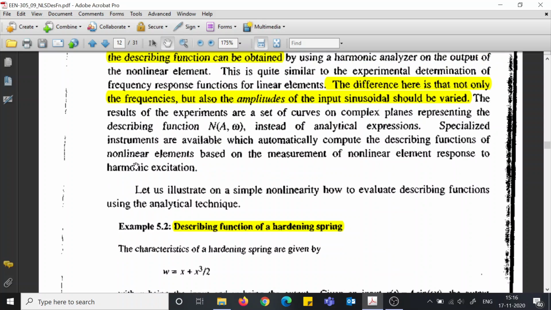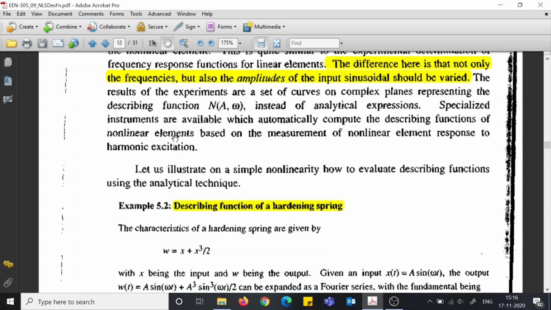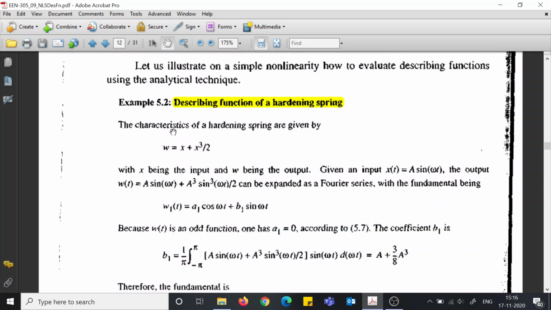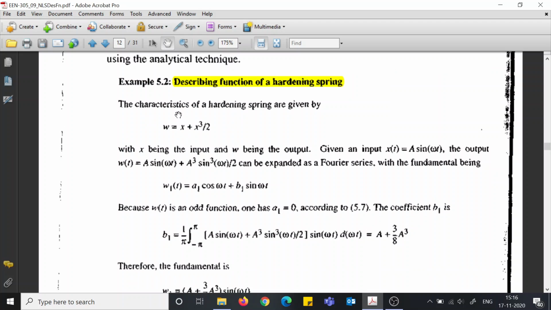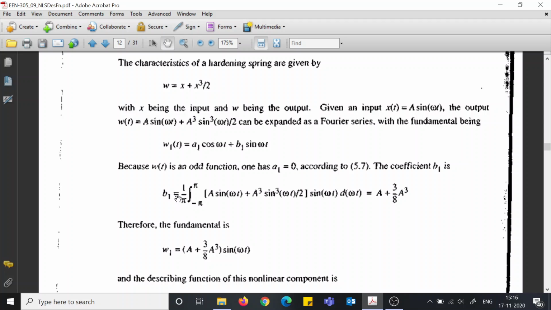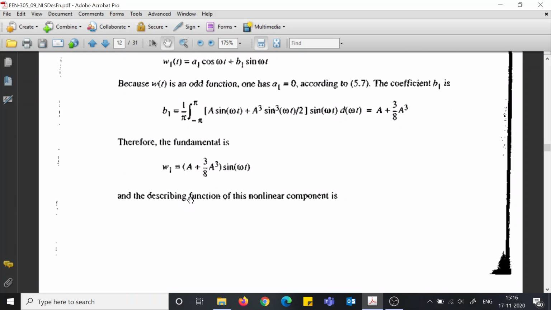After all this description of what the describing function is, we have to compute it as well. Some examples are given and you can practice them. This shows how you will have to calculate describing functions. First is one where you know the nonlinearity, so with its help you can calculate A1 and B1 and you will get your describing function.